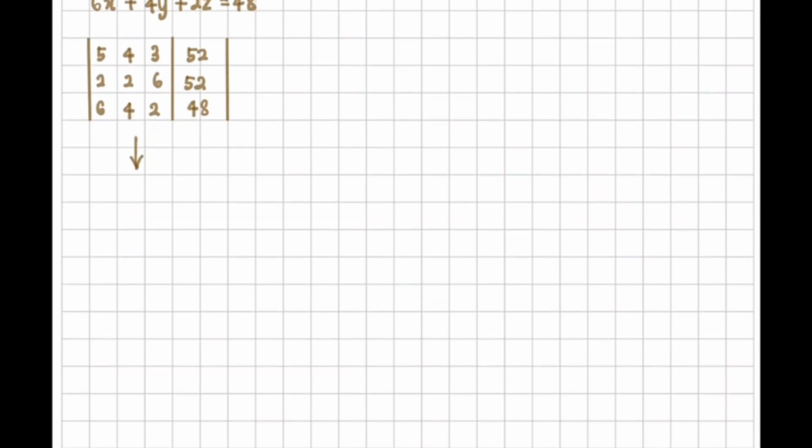The next step is dividing the first row by 5 in order for the first number, which is 5, to become 1. Since the first row is divided by 5, the second row and the third row's values are going to be fixed. So we're going to have 1, 0.8, 0.6 and 10.4 as the first row's result.